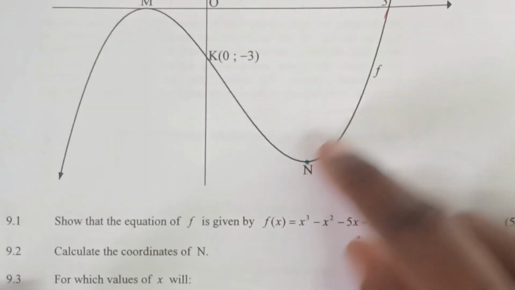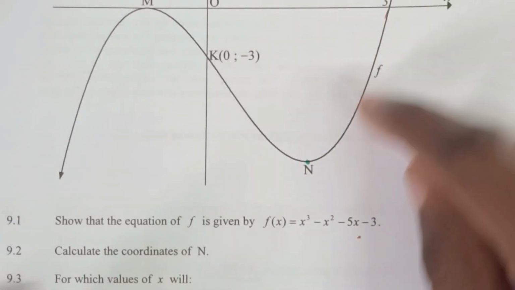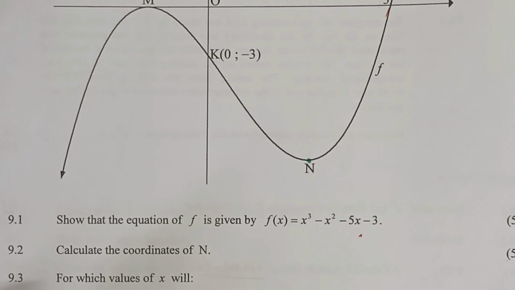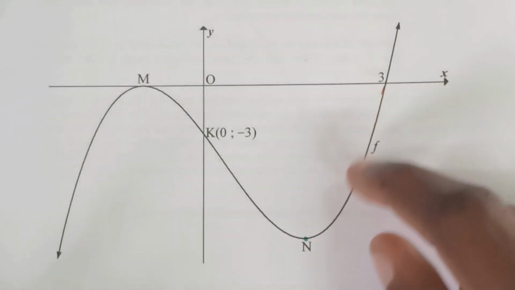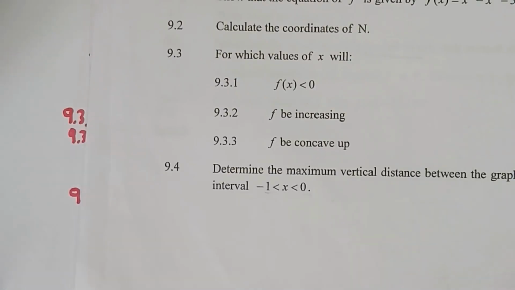It means that for every value of x, as you go from x that is 2. So now we did look at the x values for which the graph of f is increasing. Now let's look at the one for which values of x will f of x be concave up.